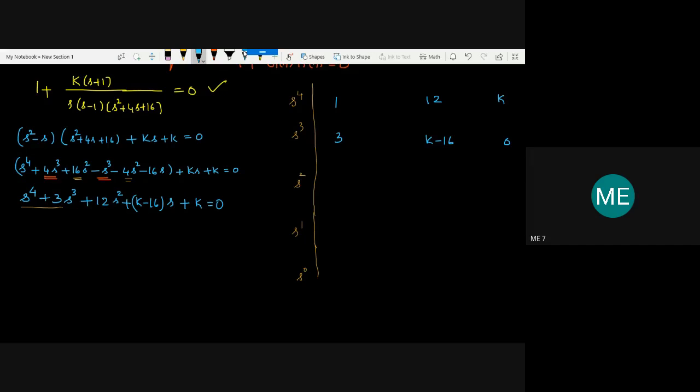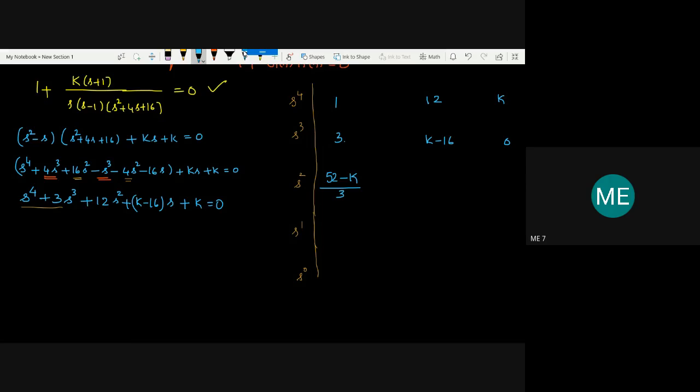Next is this into this: 3 into 12, 36, minus k minus 16, that is 36 minus of minus plus, so plus 16. So 36 plus 16 is going to be 52. Directly I'm writing 52 minus k divided by 3, and this into this, 3k minus 0 divided by 3.